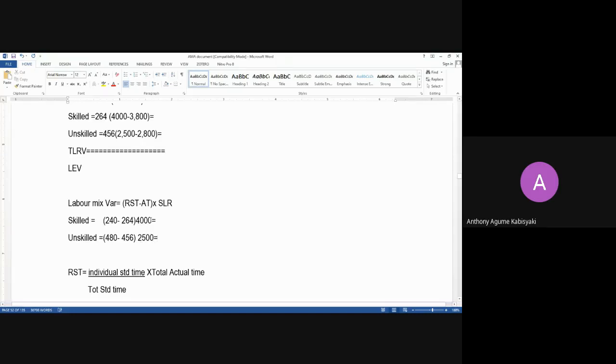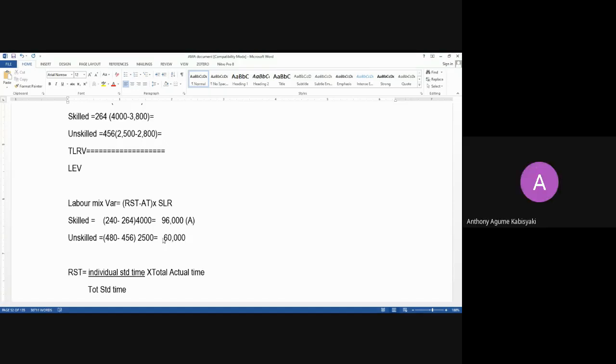I compute. Now of course, when you look at this, for skilled, the labor mix, you had planned to use 240 days, but you actually used 264. So this is going to be adverse. Here you had planned to use 480, you used 456. This is favorable. So what do I get here? 240 minus 264, 96,000 adverse. And for this, 60,000 favorable.